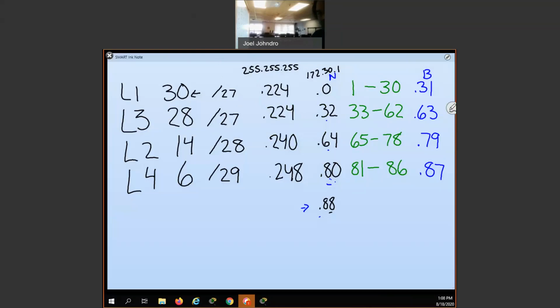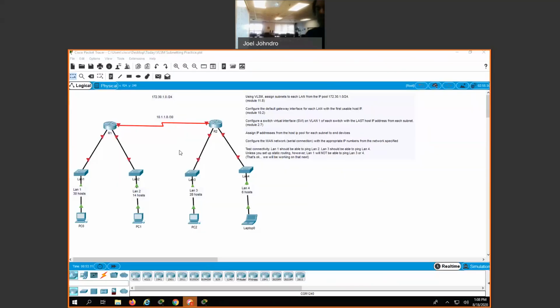So R1. Yep, this is G0/0, I believe. Yeah, so I've got them set up semi-logically.